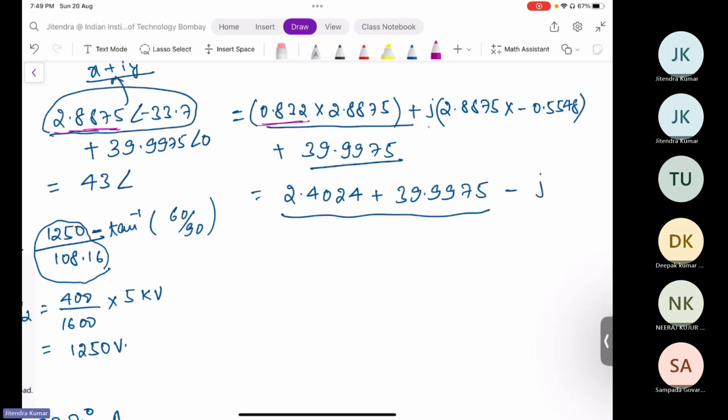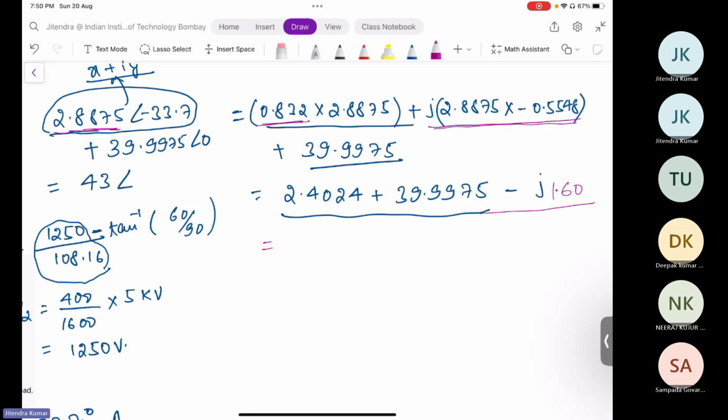Here j means into the imaginary term. Sine minus 33.7 is minus 0.5548. So it will come out to be 1.6.